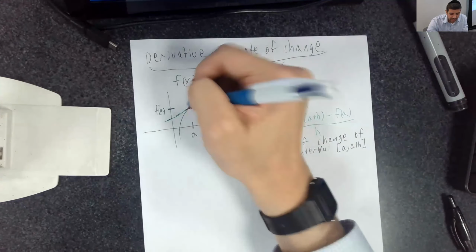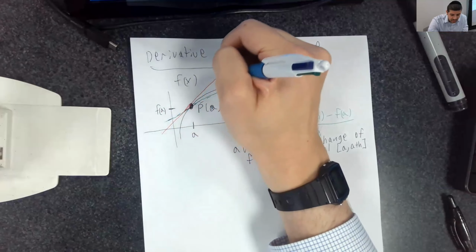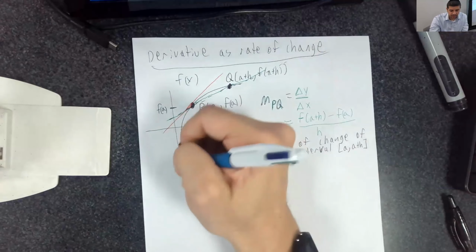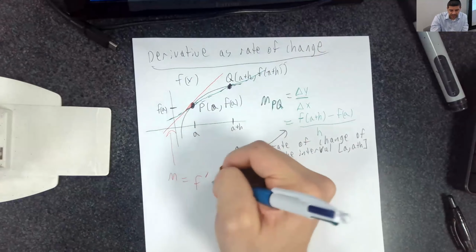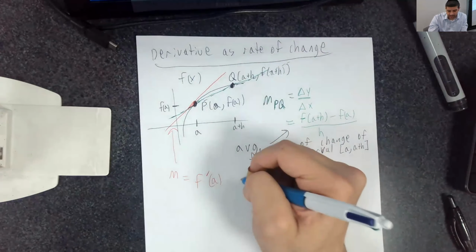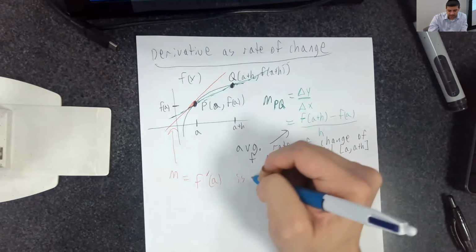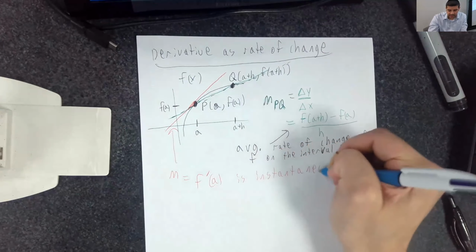And then in red, I'll make the tangent line. Right, so the slope of the tangent line, that's f prime of a. So that's the instantaneous rate of change, instantaneous.